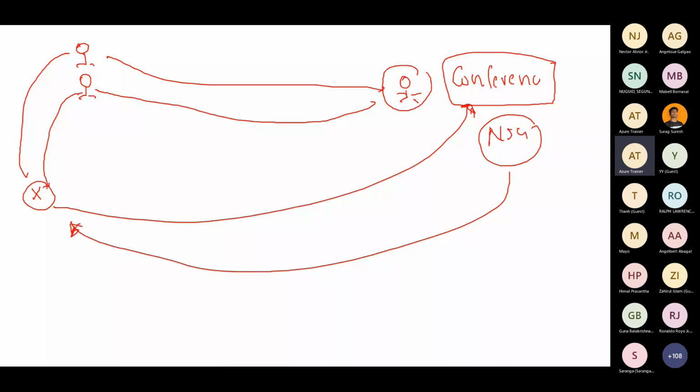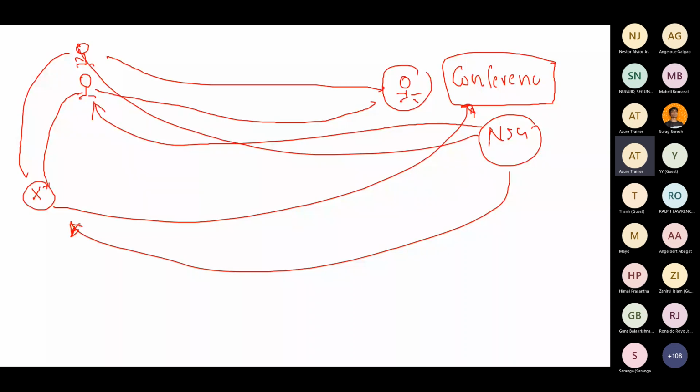Can you comment on the chat window? I'm giving two scenarios here. In one scenario, you define a network security rule individually for each VM, either at the VNIC level or at the subnet level.